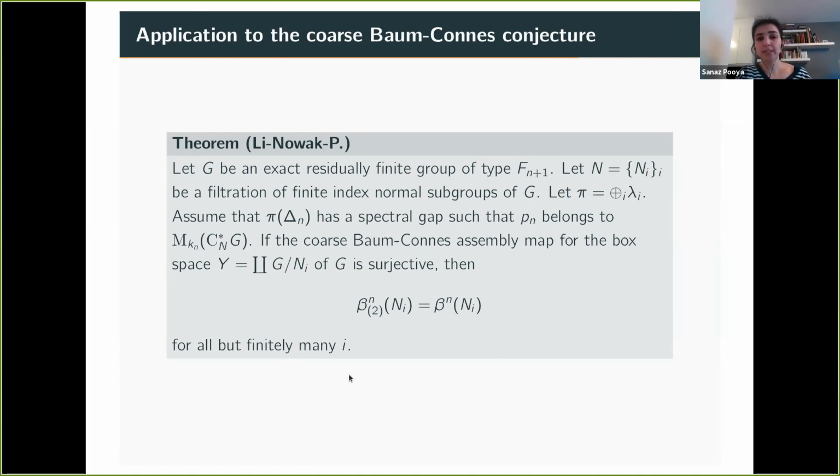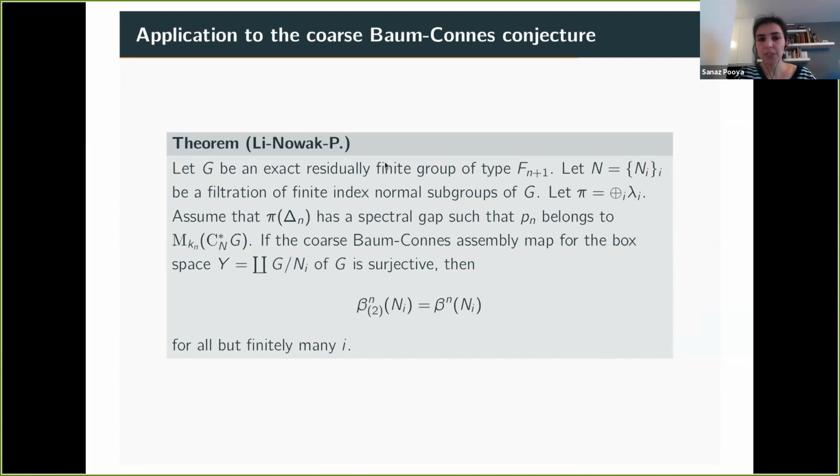We start with an exact residually finite group of type F_{n+1}. Type F_{n+1}, I mentioned, just means that in the n-skeleton we have finitely many cells for a model for the classifying space, and residually finite is just the standard assumption in this setting, and exact will be used as a tool, as we will see in the proof.